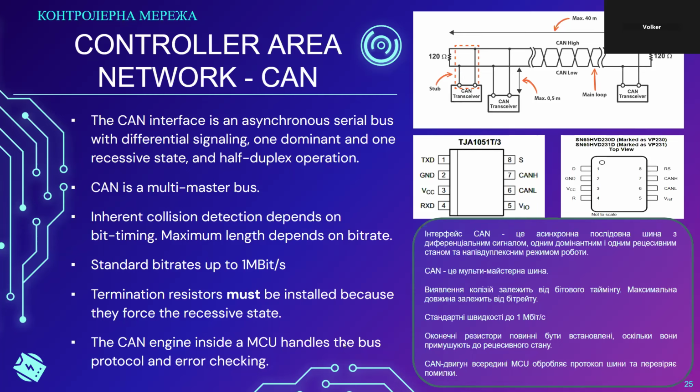It is not a bus that is intended for large amounts of data. It is a bus intended for critical signals, for critical data. Data can be exquisitely prioritized through its message IDs. It is short data that can be prioritized and sent very, very quickly.